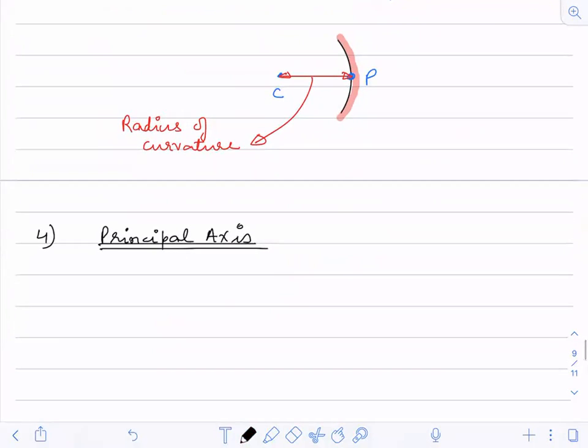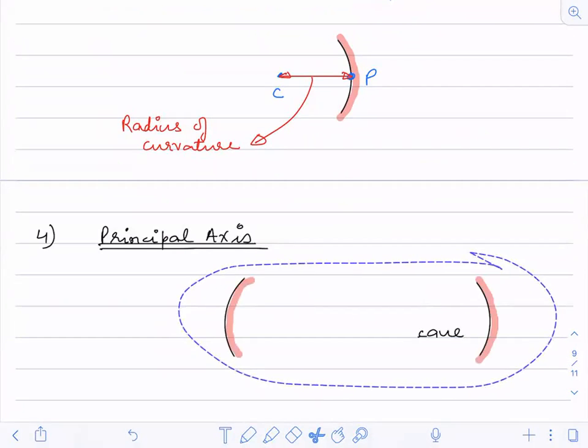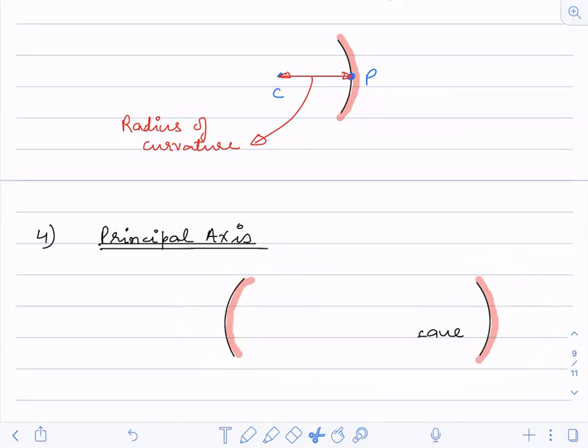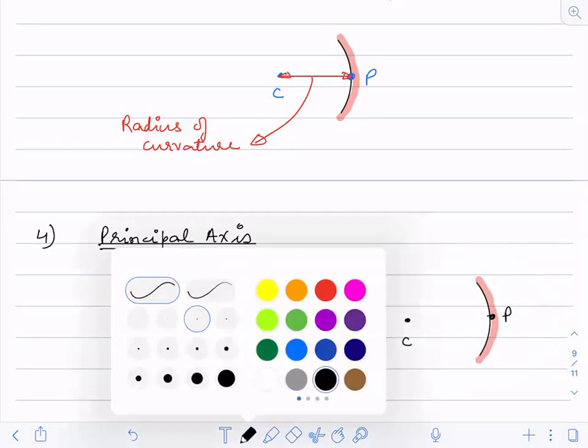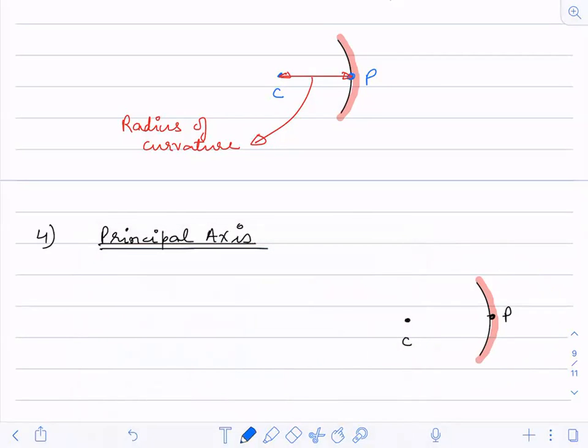Now, what is principal axis? Suppose I take that same diagram. If I mark the points, whatever we have studied till now, this was the pole, and this is the center of curvature. The line passing through C and P is an imaginary line.